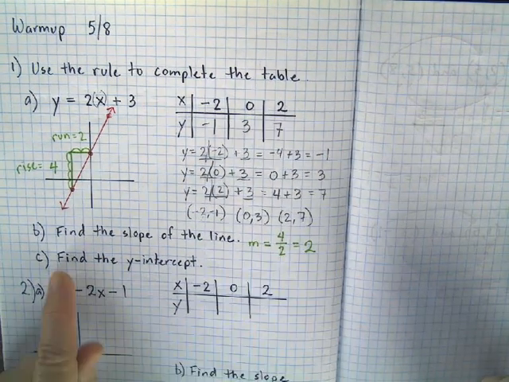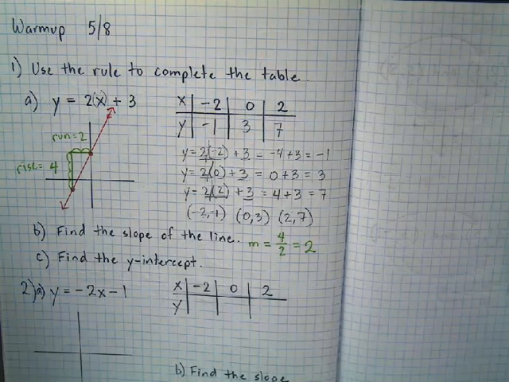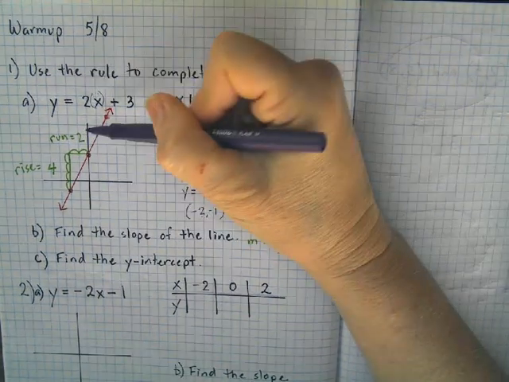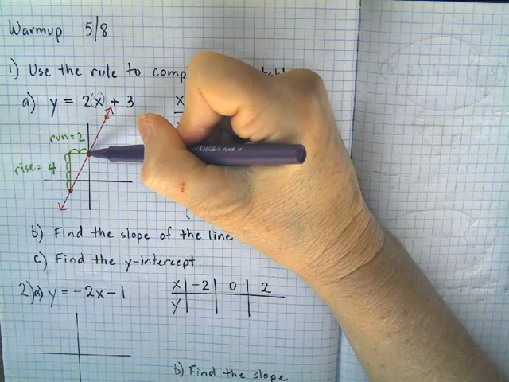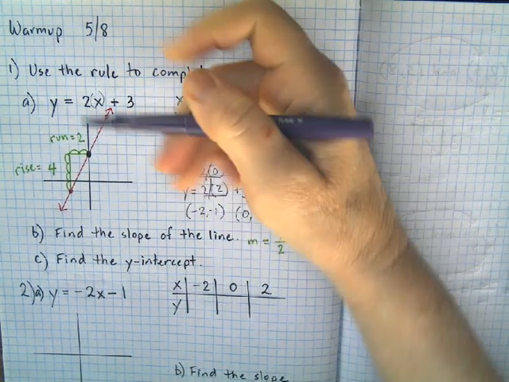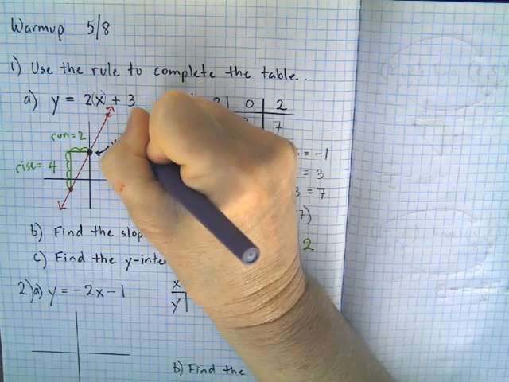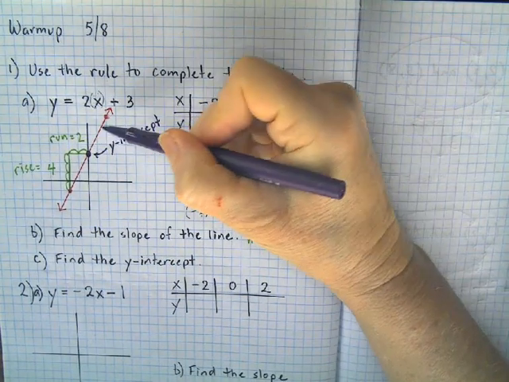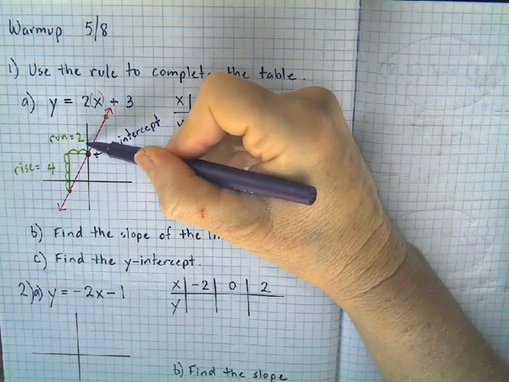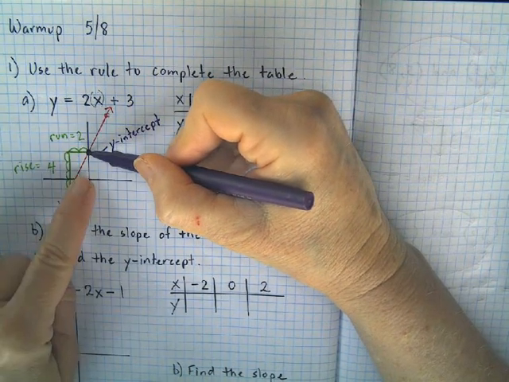Okay, now remember this, the Y-intercept. How do we find the Y-intercept? We follow the Y-axis until it hits my line. Bam, right there. This is my Y-intercept. Okay, where the Y-axis hits the line. What number is that? 1, 2, 3.